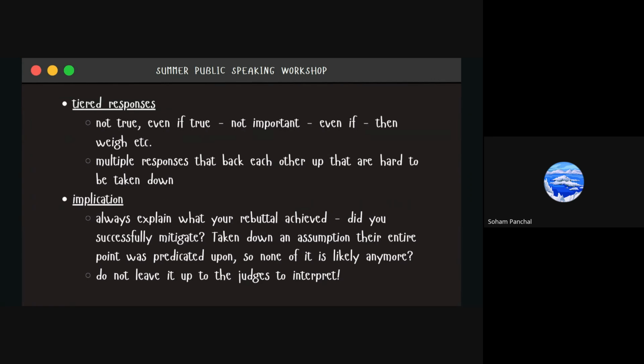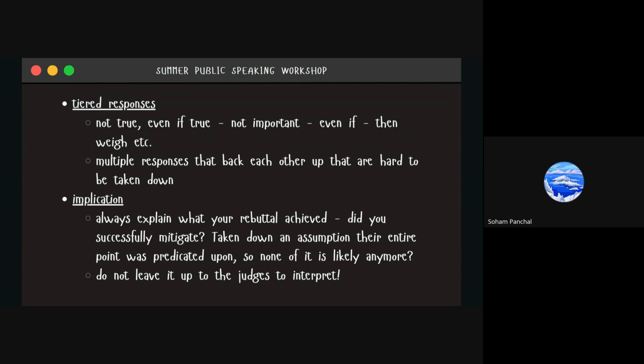Now, when you put out a rebuttal, you also have to mention what the rebuttal is achieving, or what it is trying to do in the case, in the motion. You first mention whether it successfully mitigated the harm.